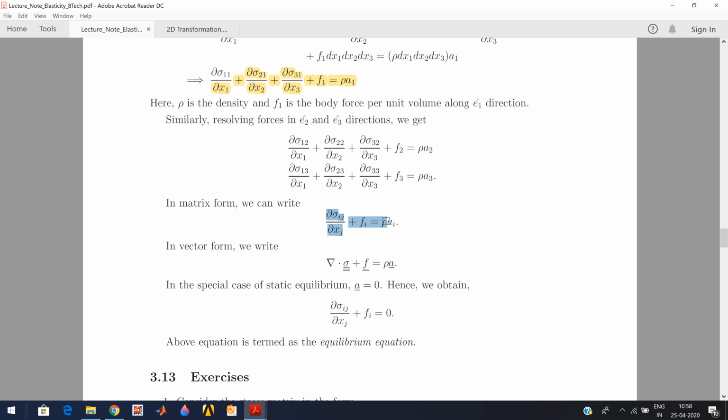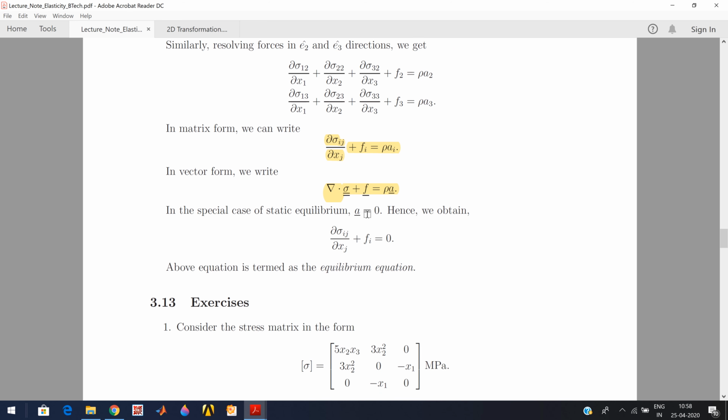So this is the index notation of the equilibrium equation, and this is the vector notation of the equilibrium equation. And when we set a equal to 0 for the static case, we get this equation, and this is the equilibrium equation.